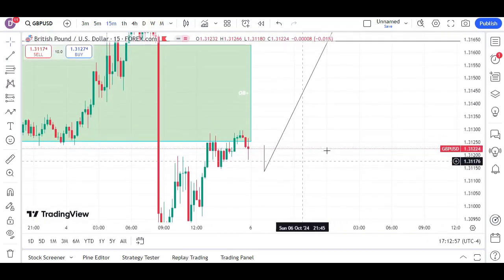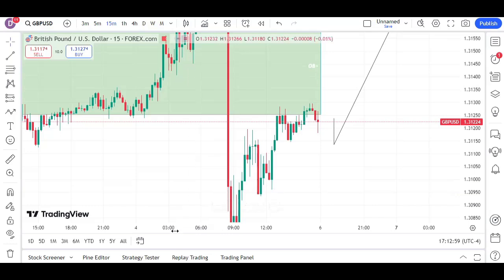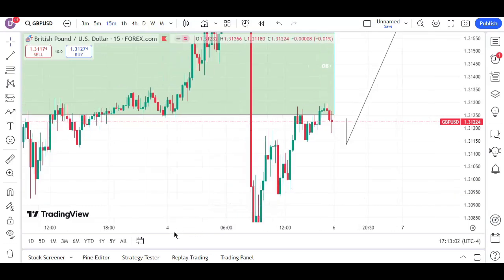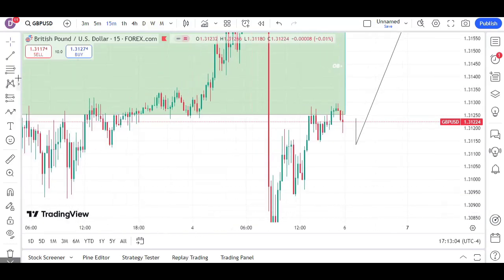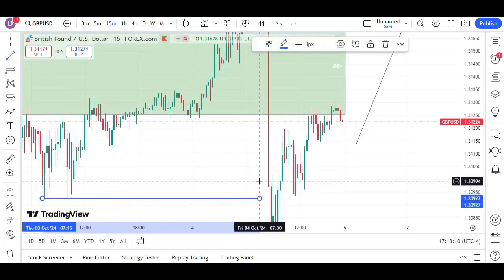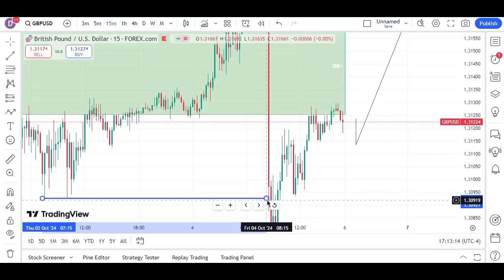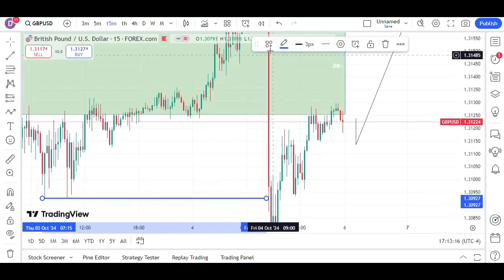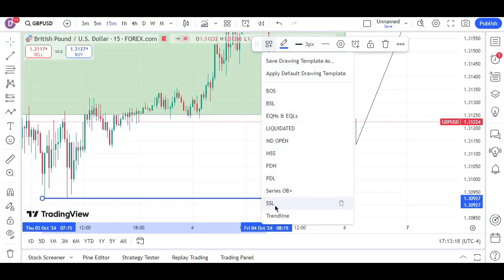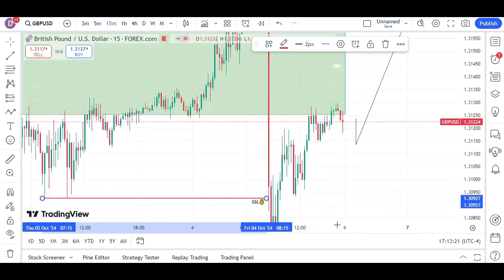So this is the 15-minute time frame. What did we do? NFP came slamming down, taking out sell side liquidity, resting here. All those people who bought right here or have their stop losses hanging around there, we got them liquidated.